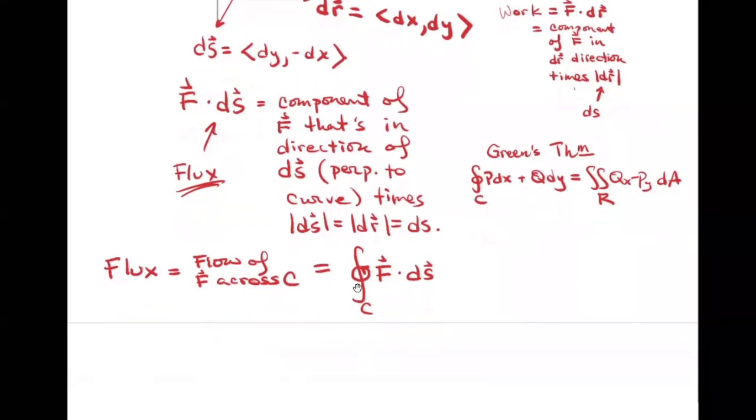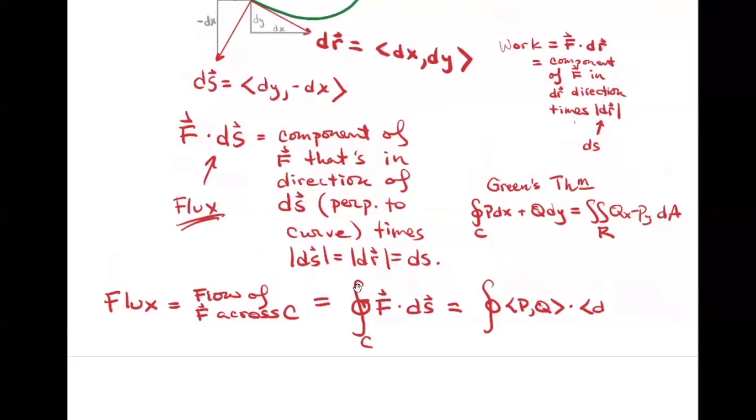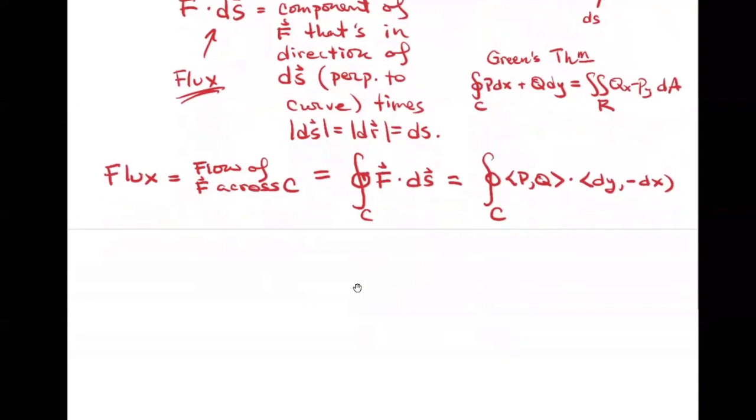Okay. But then I want to back up and say, wait a minute. So F is still this PQ field, but ds was dy, negative dx. And if I just carry out that dot product, I get p dy minus q dx, which I want to write as negative p dx.